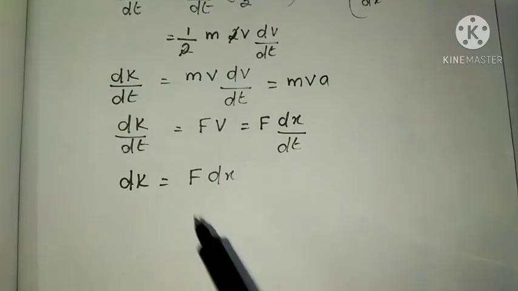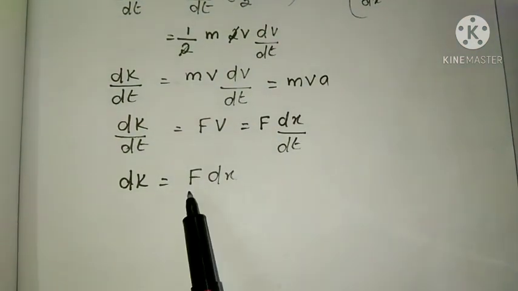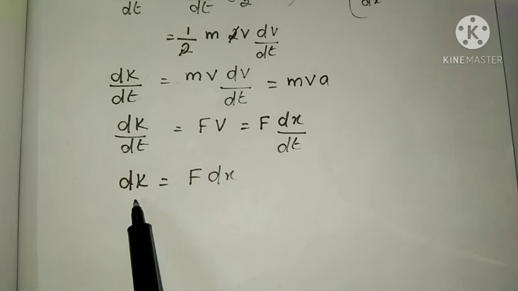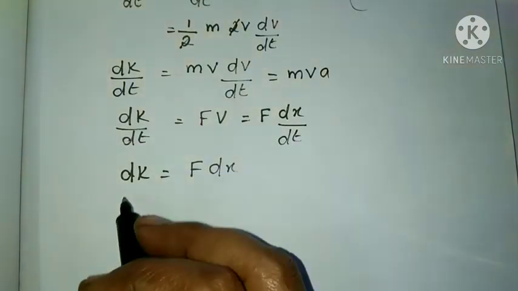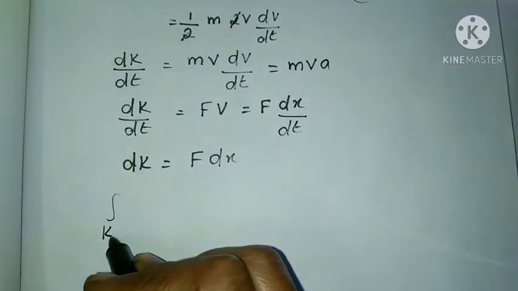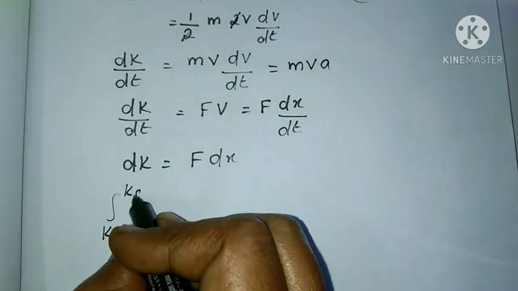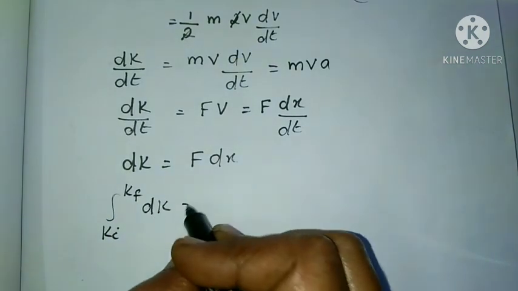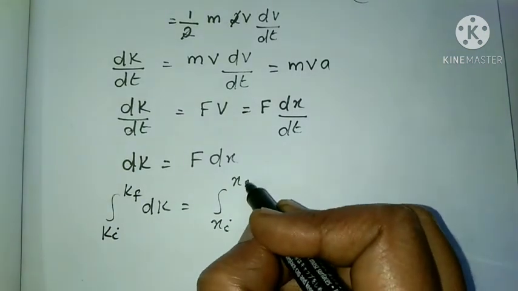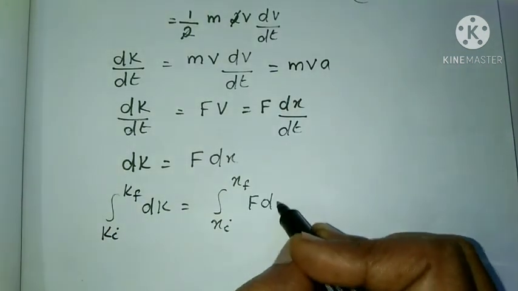Isn't it? So once again, when you apply a variable force, the object moves from the initial position xi to xf, so its kinetic energy also changes from the initial kinetic energy Ki to Kf. So we can apply the integration here. That is, integral Ki to Kf dK equals integral xi to xf F dx.